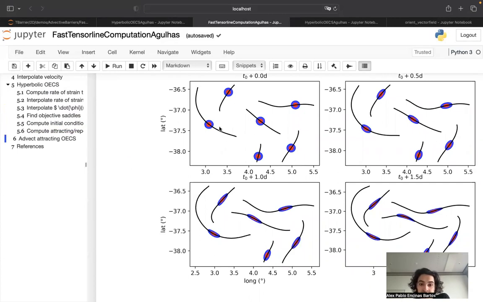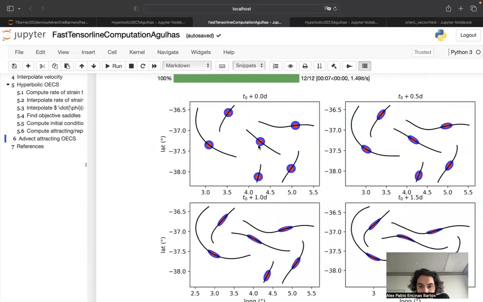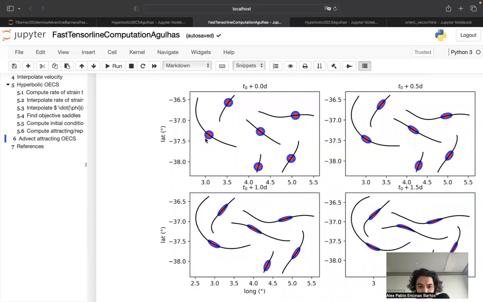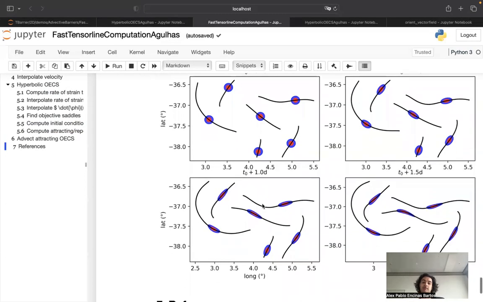So basically, what I did here is I placed material elements around local maxima. The red indicates the inner core, and the blue indicates the outer core of these material elements. I would expect that as I advect them over some fairly short intervals, these attracting OECSs, which I have here, will attract and stretch these material elements along these black curves.